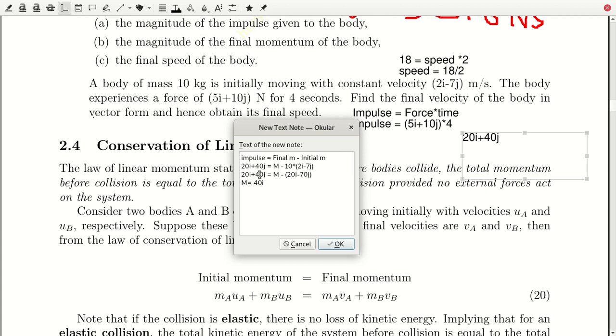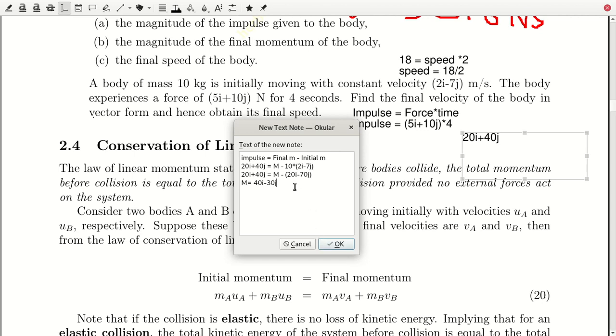Then here we have 40, because now with this sign and this sign, they make it positive 70. So when you take the other side, it will be 40 minus 70, sorry, yeah, it will be 40 minus 70, which will give us minus 30J. So that's our final momentum.